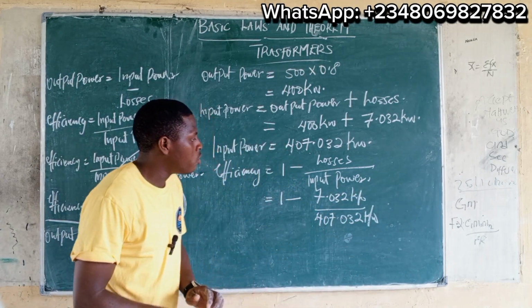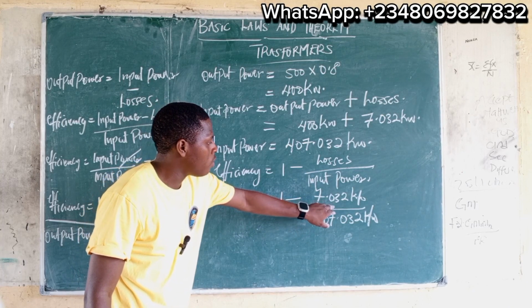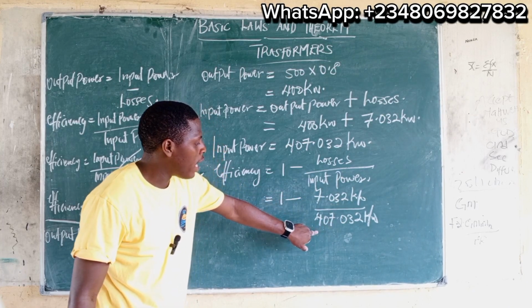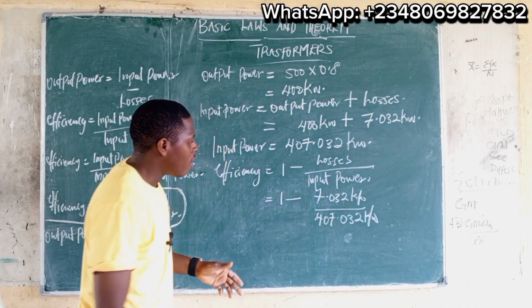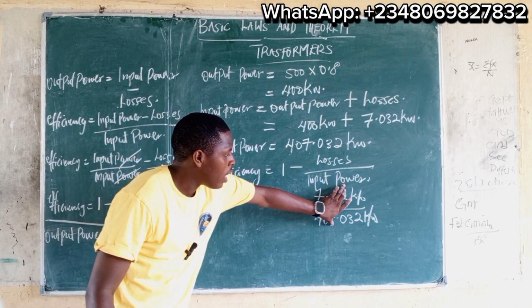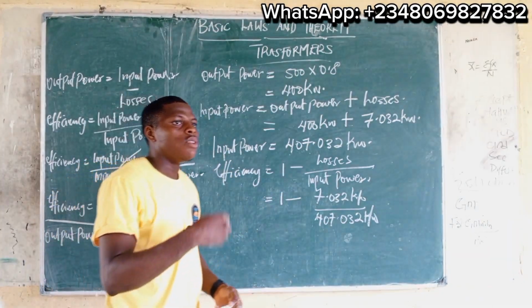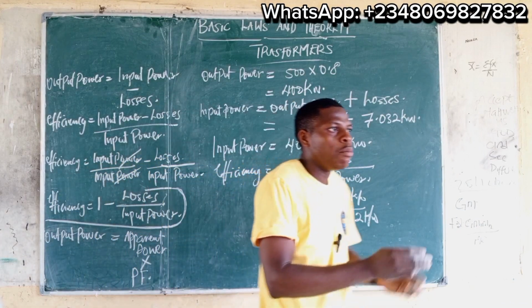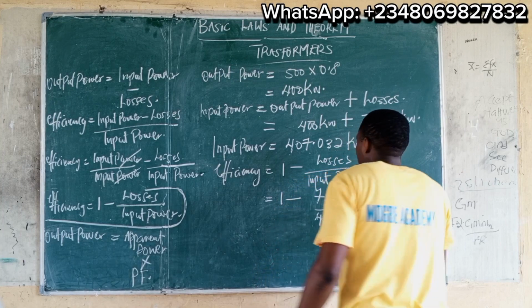So what you simply do is punch this in your calculator: 7.032 divided by 407.032. You have a value. Now what you press is 1 minus what you have here. You will get your efficiency. Now I told you, if you want to leave your efficiency in percentage, what you simply do is multiply by 100.